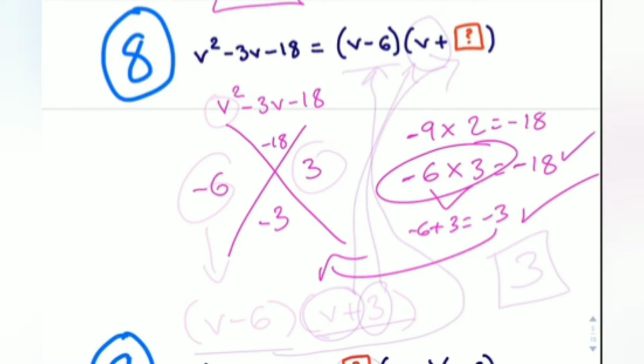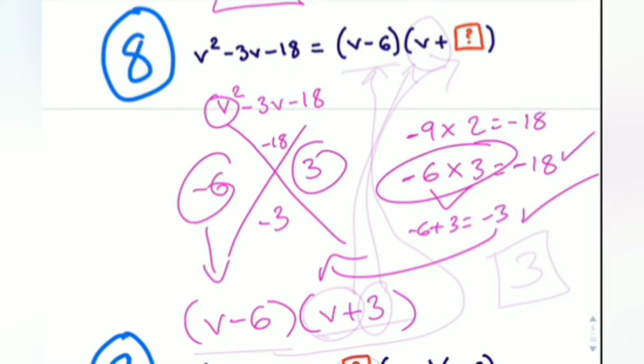So again, factoring is just two parentheses multiply each other, so we're gonna use the same variable. So b, the first number was -6, so b minus 6, and the second number is 3, so b plus 3. Okay, look at that.